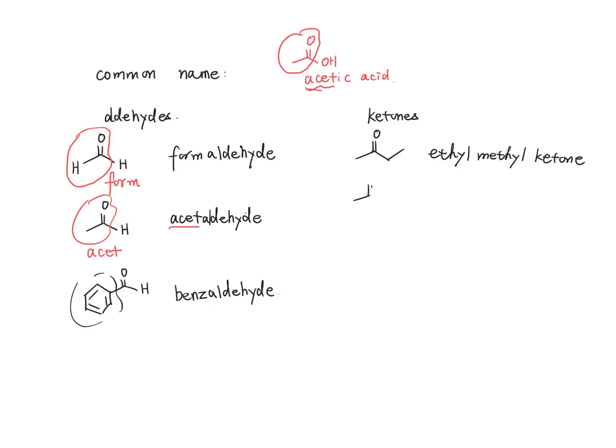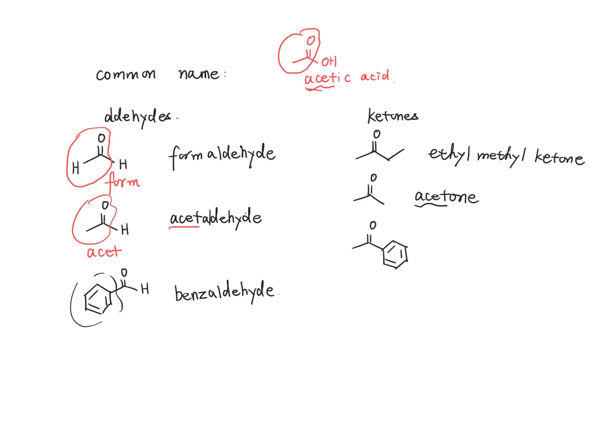And the next one is called acetone. So the one tells you that it is a ketone, and acet tells you the group is a methyl group next to that sp2 carbon. And then if we have another one, this one right here, we have a methyl group and a phenyl group.